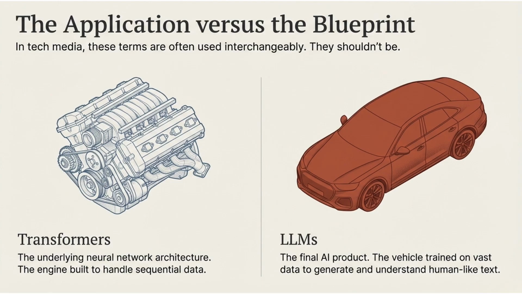On the other hand, LLMs are the final AI application that are trained on massive data sets to understand and generate human-like text. In simple terms, the transformer is the technology, while the LLM is the product built using that technology.